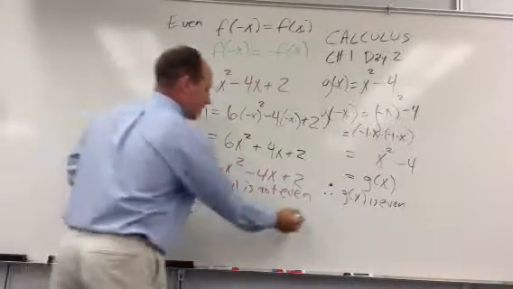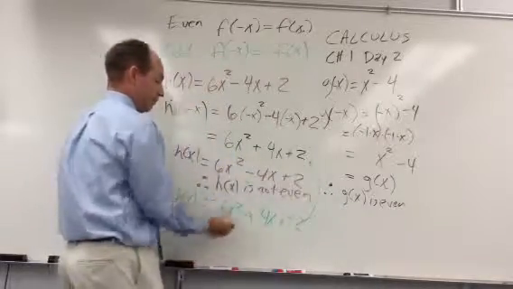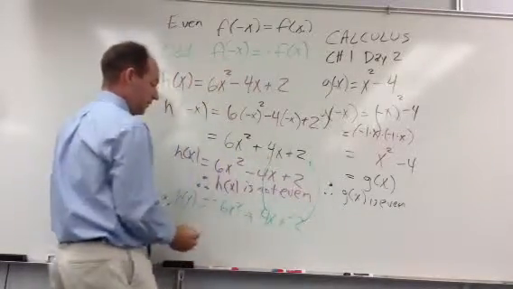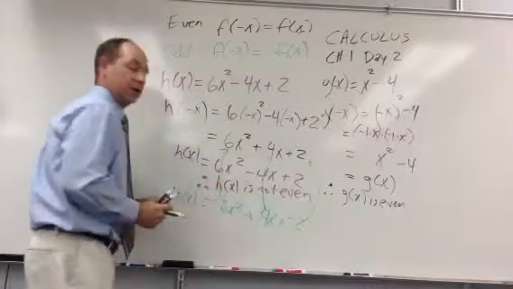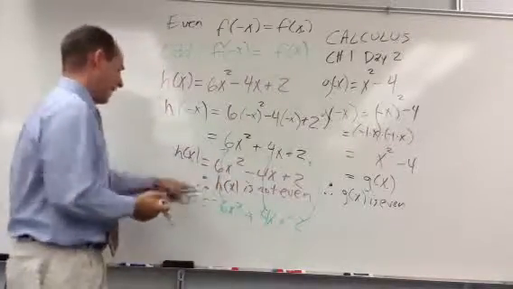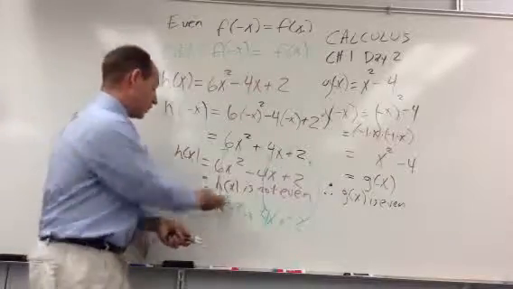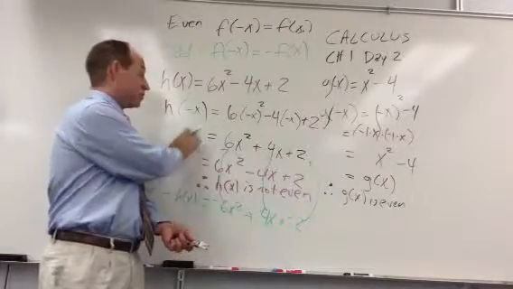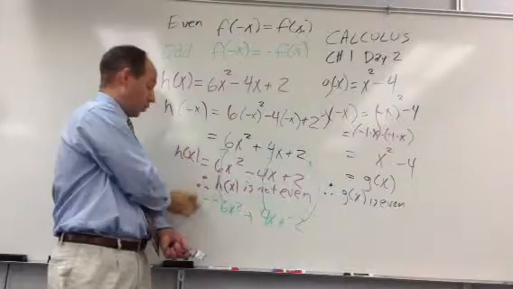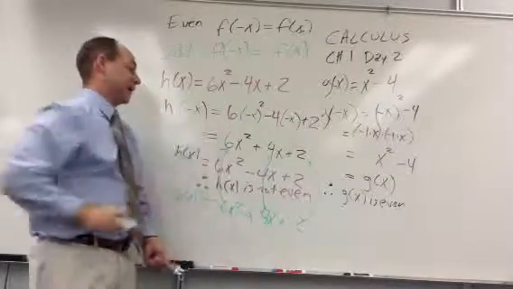And now I compare this. Are those two the same? No. Are those two the same? Yes. Are these two the same? No. So when I found the opposite of each of them, it didn't match this either. In both cases, I'm looking for either the original to match what I got for h of opposite of x, or the opposite of h of x to match that answer.